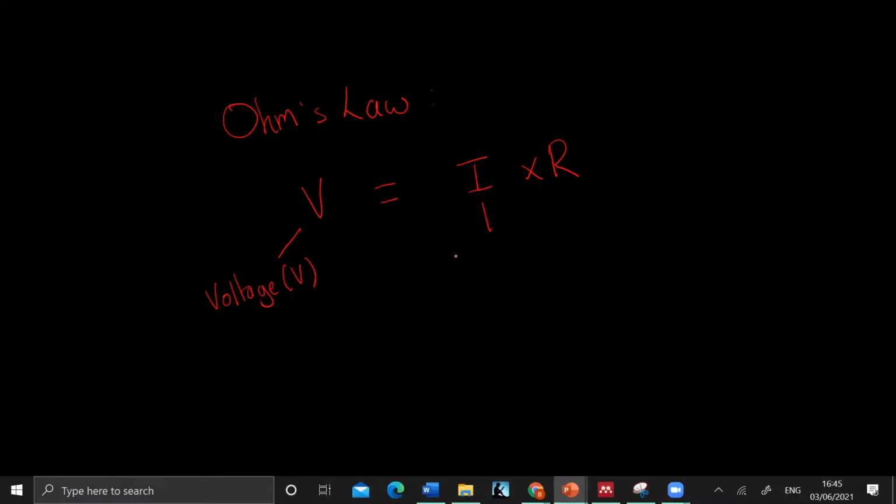Then I is for current. Current is measured in amps, and you've got resistance, which has a very distinctive unit, the ohm. So V equals I R.